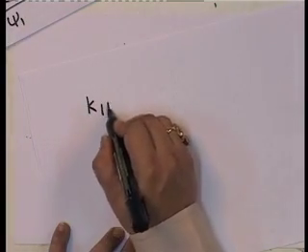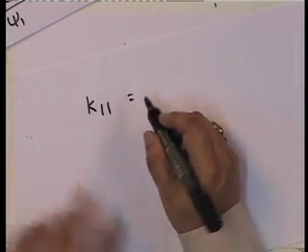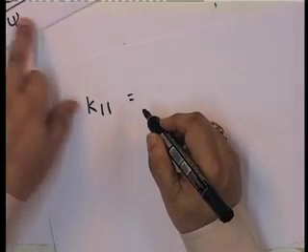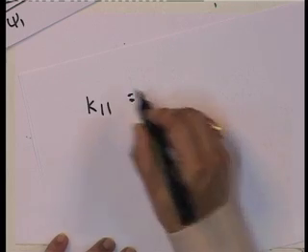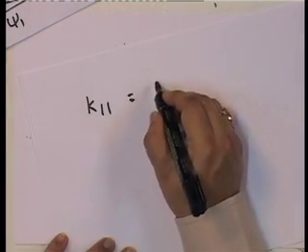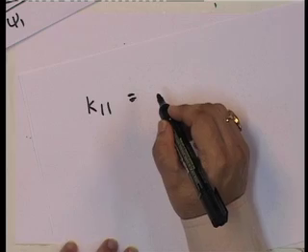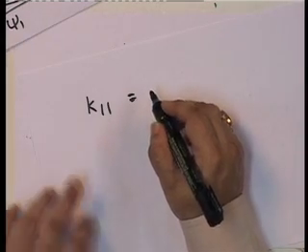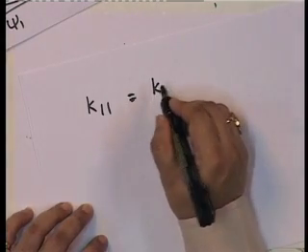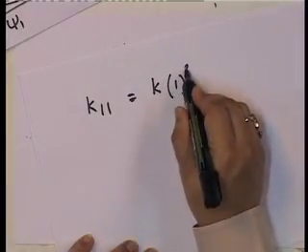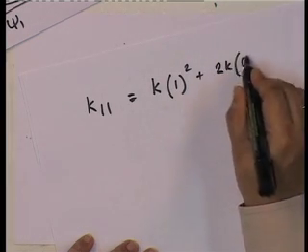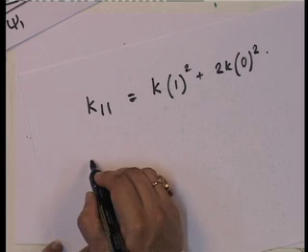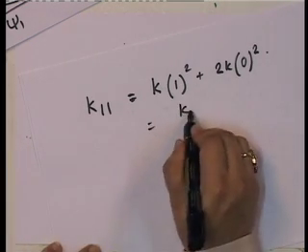My k11 is going to be equal to the load with this virtual displacement too. So, k11 is going to be, if you look at it, equal to k into 1 squared plus 2k into 0 squared. Okay, so that is equal to k.